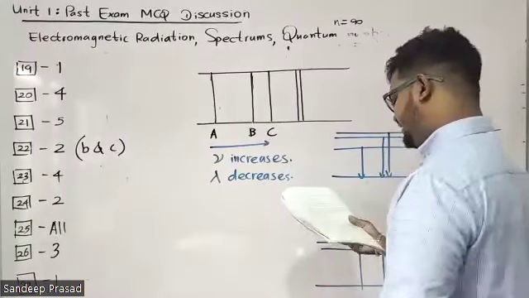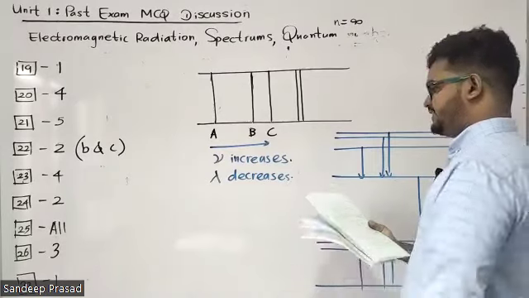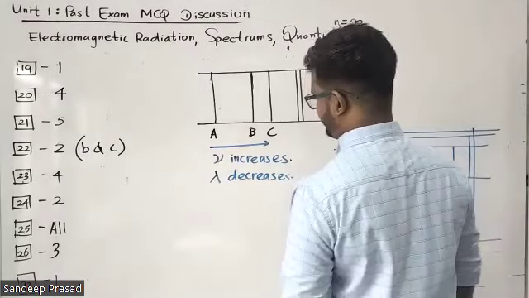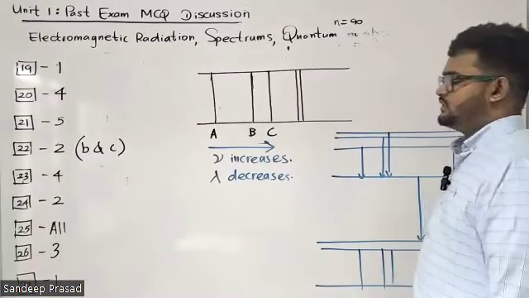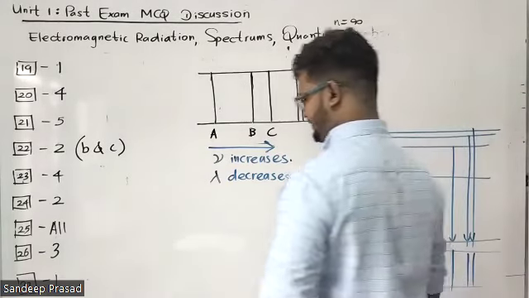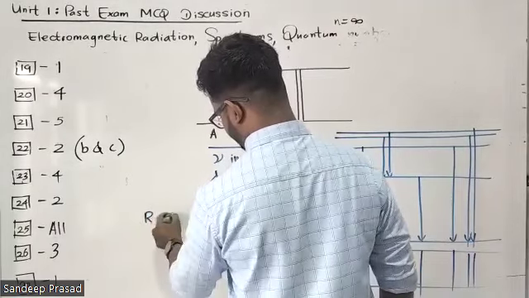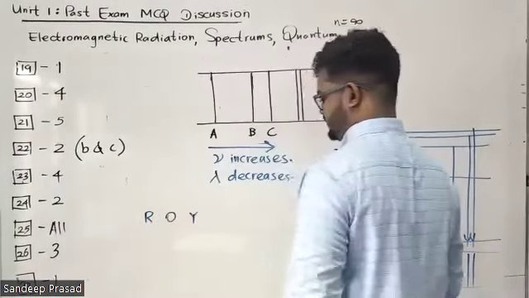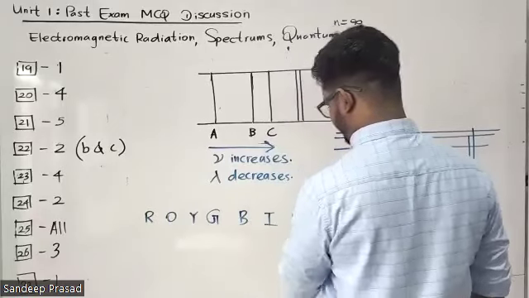Then what are the colors they have given? The three colors they have given are blue, green, red. So among these three colors, which one has the greatest frequency? Among the visible light region colors, we know that they are red, orange, yellow, green, blue, indigo, violet.